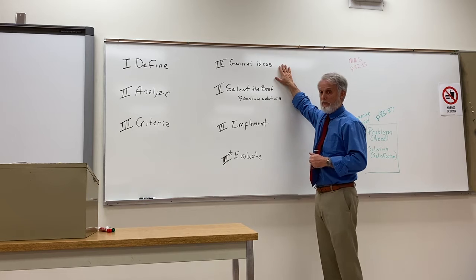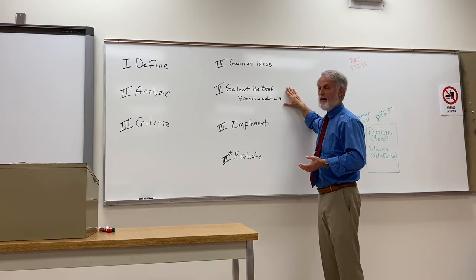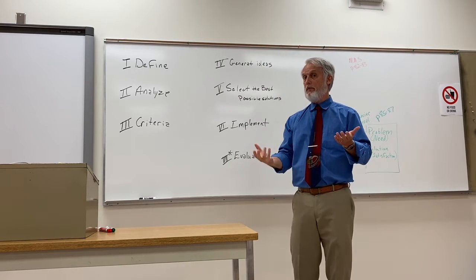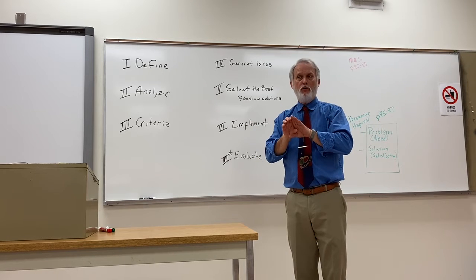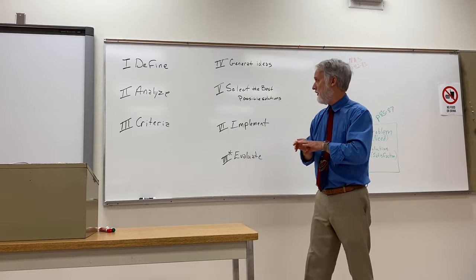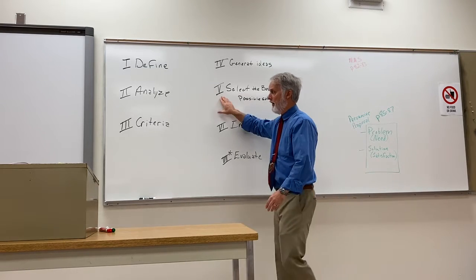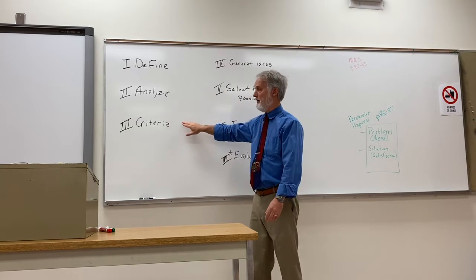After you generate a lot of ideas, some of those are not going to work. So you need another step that will select the best possible solution or combination of solutions. Maybe this will work and this, and they don't work against each other, so we can use them as a combination. And once we've selected the best solutions, by the way, the criteria give you good ideas of how to do that.